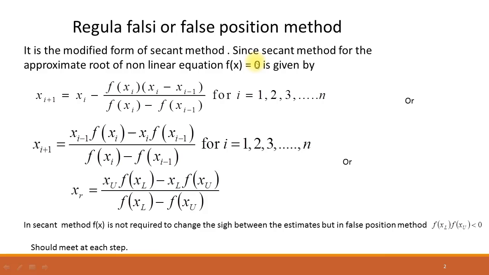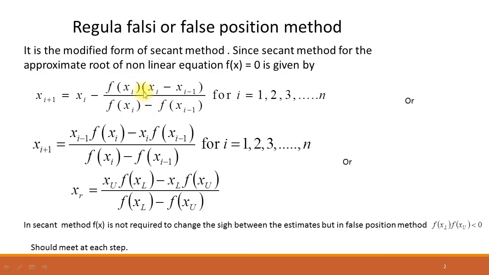Since in the previous lecture we have discussed that the secant method for the approximate root of non-linear equations f of x equal to 0 is given by x_{i+1} = x_i - f(x_i)(x_i - x_{i-1}) / (f(x_i) - f(x_{i-1})) for all i = 1, 2, 3 up to n terms.